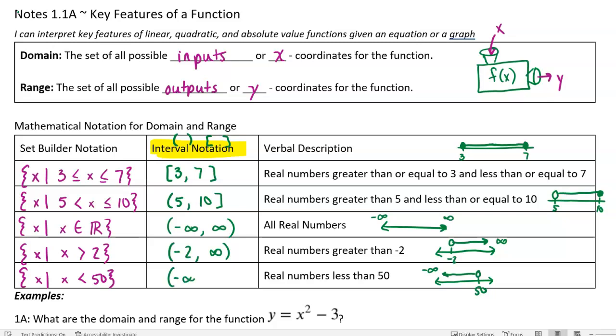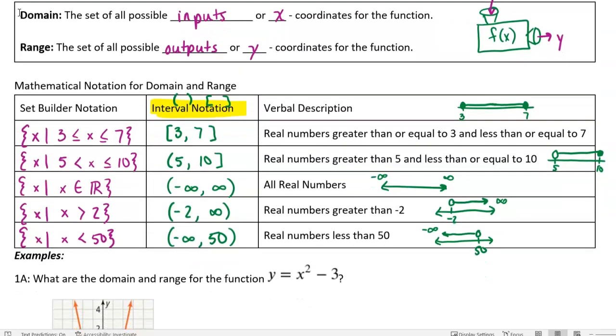So we're going to describe this by saying that the lowest value is negative infinity. The highest value is at 50, but it's not included, so we would use parentheses there. So that's how we would represent those different sets of numbers using interval notation. That's going to be used pretty extensively, so I want to make sure you understand that concept because we use that to identify domain and range.